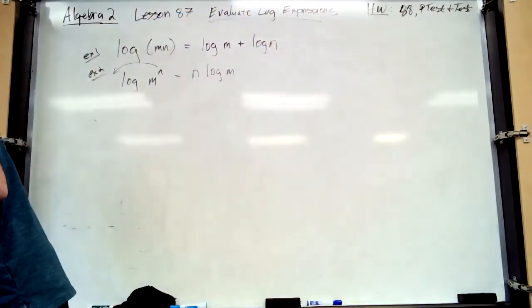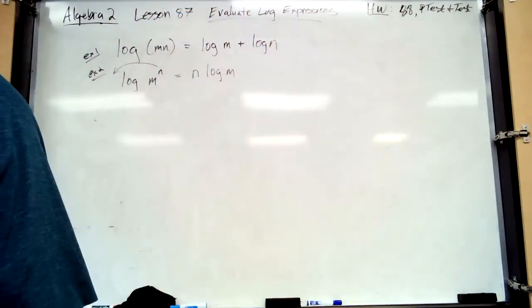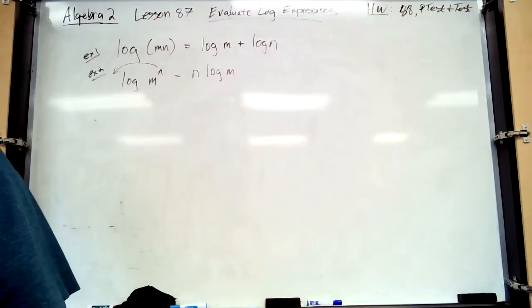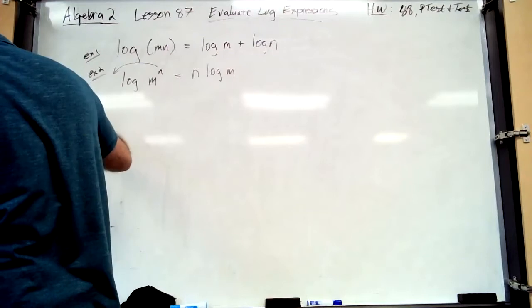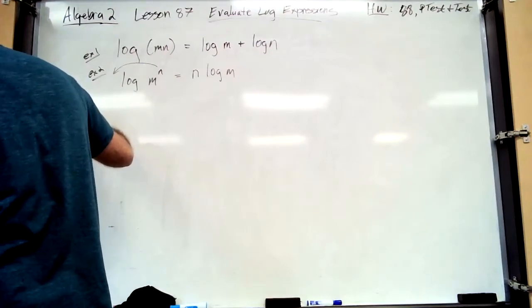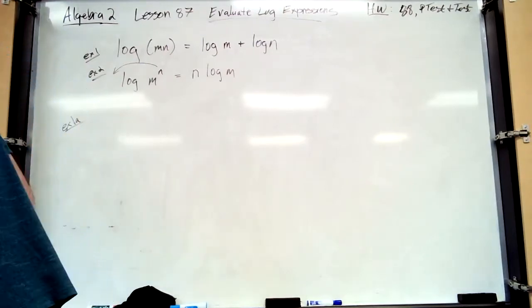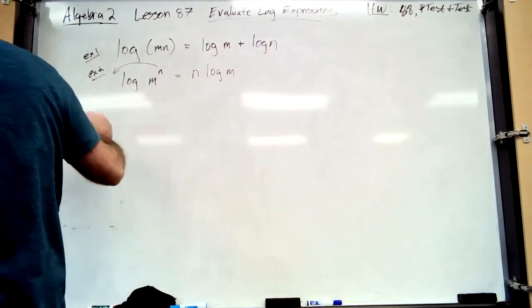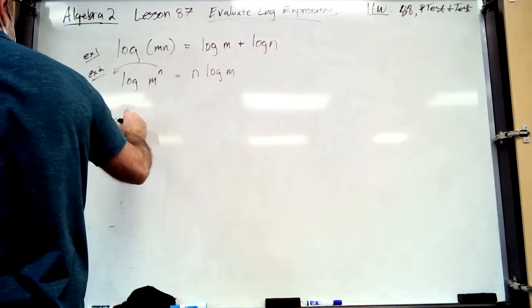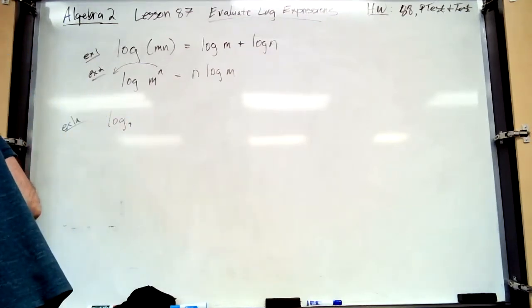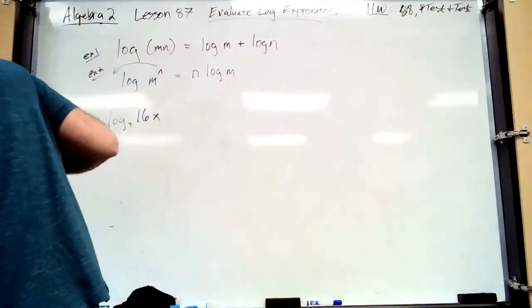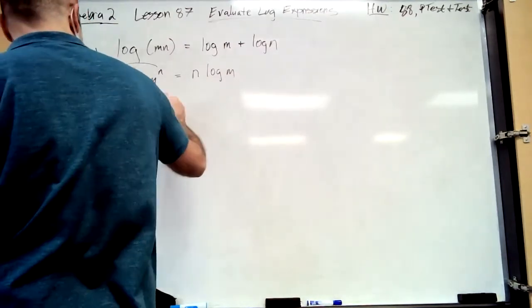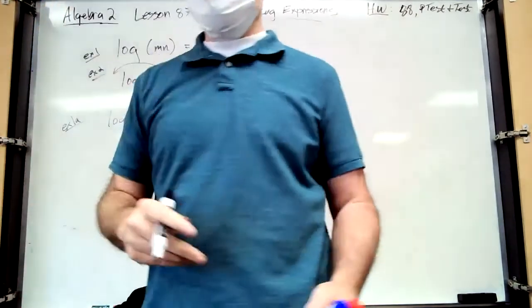There's another fun one. So now we're going to just use this to evaluate actual numbers here. So here, let's do example 1a: evaluate log base 4 of (16x) all to the third.